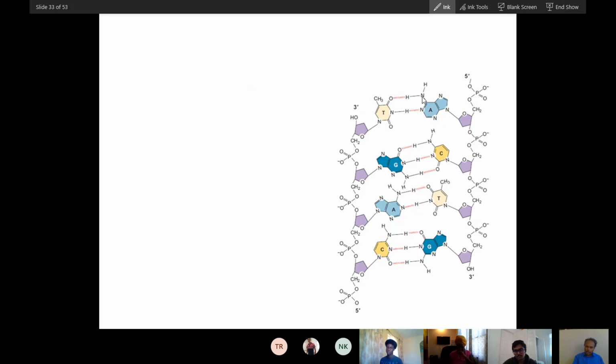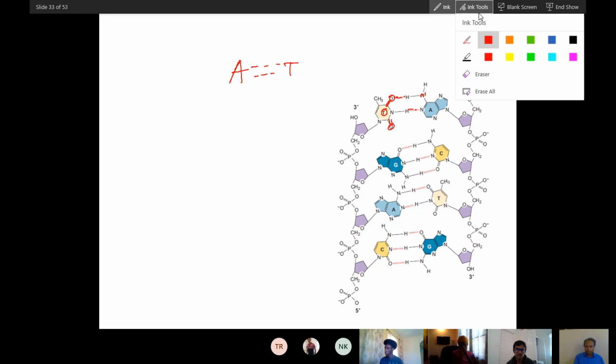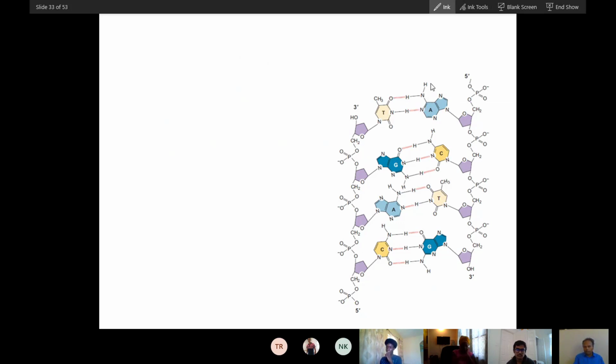Adenine has an amine group here, and thymine has this oxo group. Adenine makes 2 hydrogen bonds with thymine, and you can see how it makes the bond.